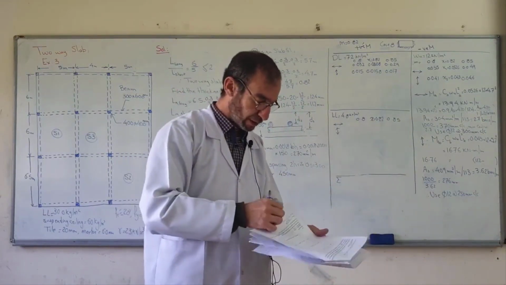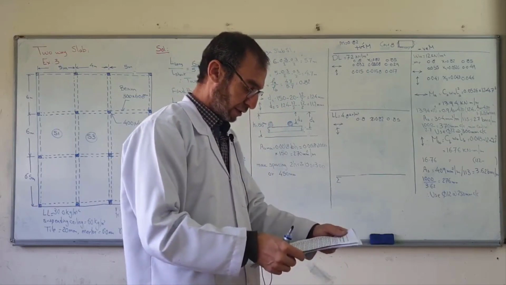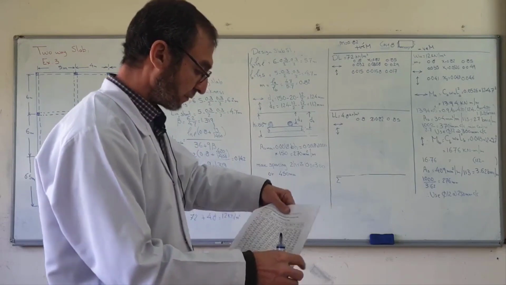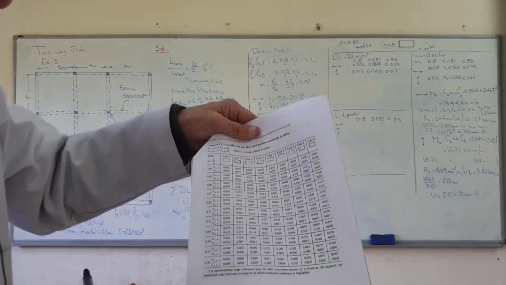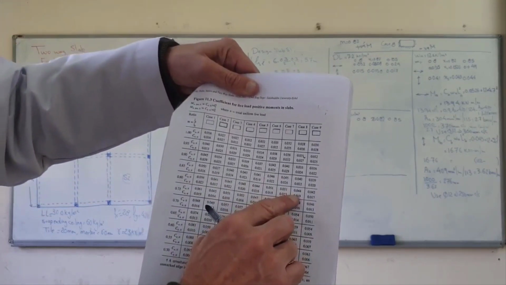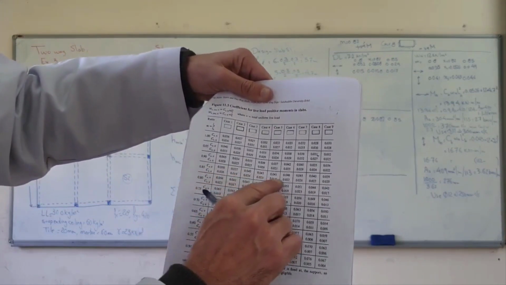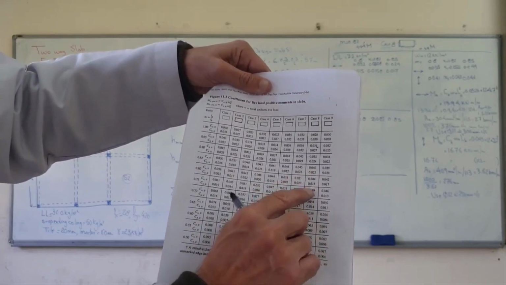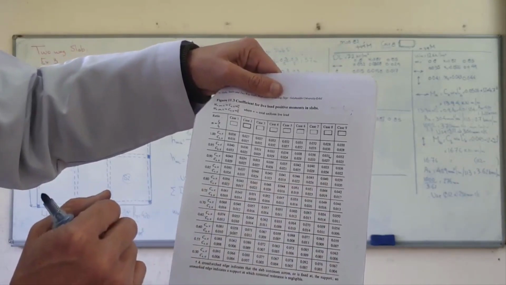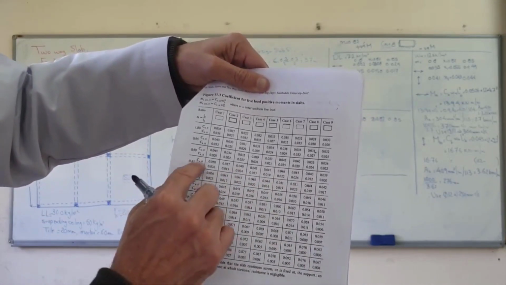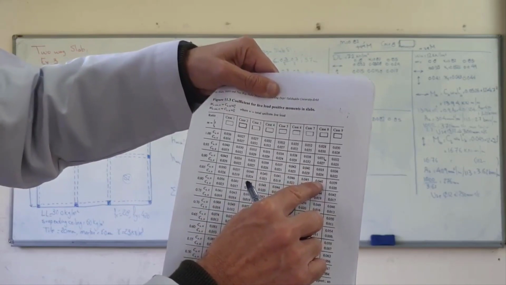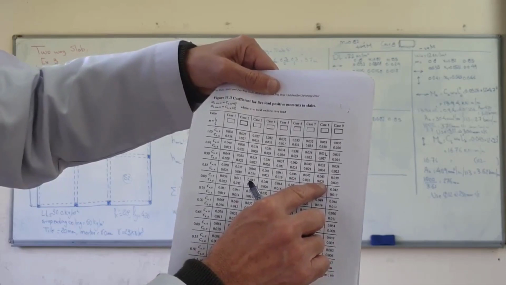Similarly, I go to the tables. I show you quickly. Now for live load, this is for live load, 0.8 or 0.85. Case 8, we have these two coefficients, 0.8 or 0.85. The above is for the short direction, the lower for the long direction.